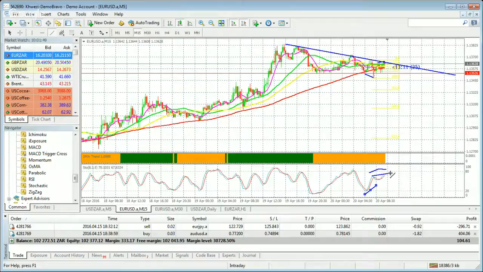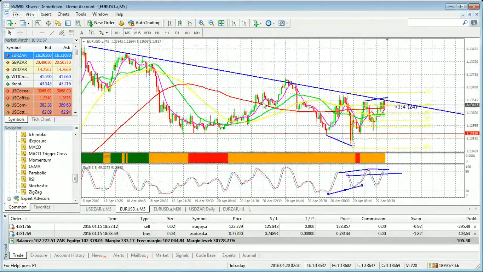Yep. Down. Up. So that second one I'm going to go for most likely. Just have to wait for a proper signal before I can really kind of dive in. Let's get the calculator ready again.